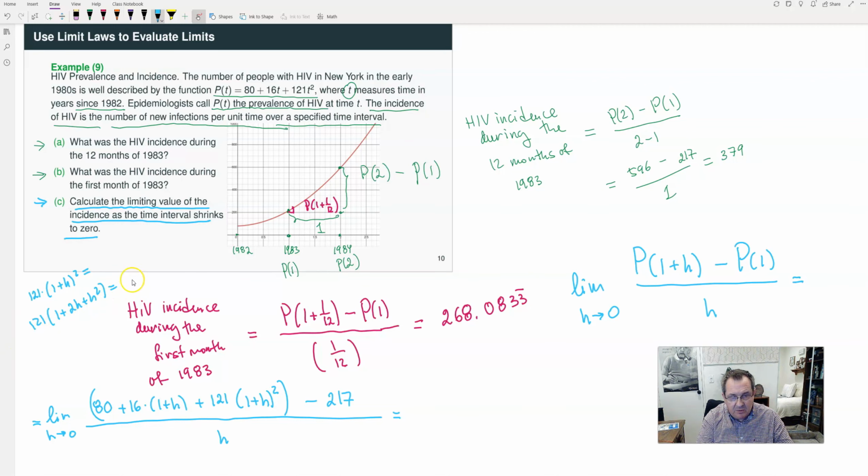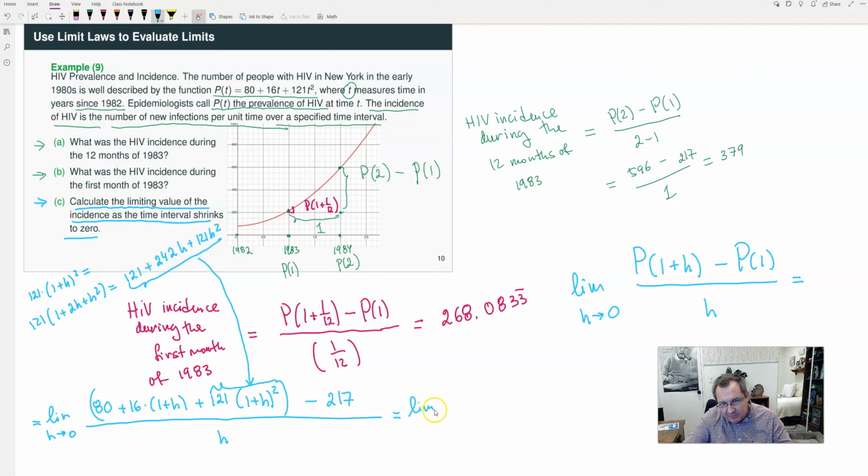When 121 is distributed, I'll have 121 plus 242h plus 121h squared. And that will be substituted over here instead of this whole group.